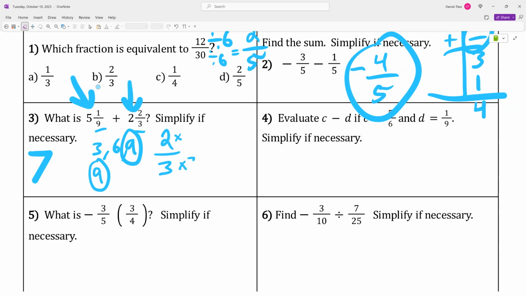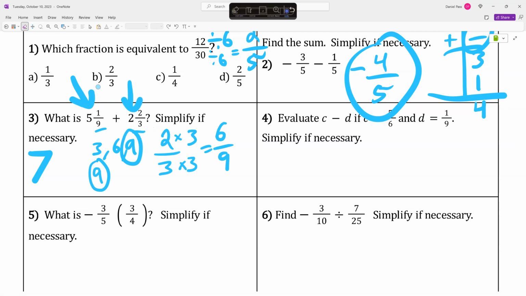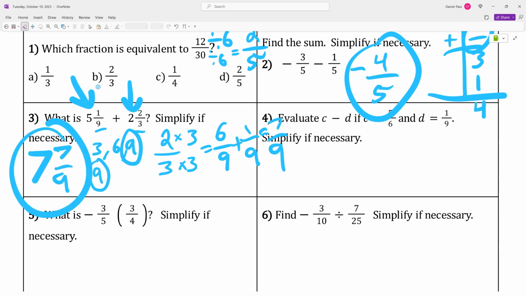The 3 makes 9. So 6/9, plus the 1/9 that already had the same denominator makes 7/9. The answer is 7 and 7/9. Who got that one right? Spaghetti.